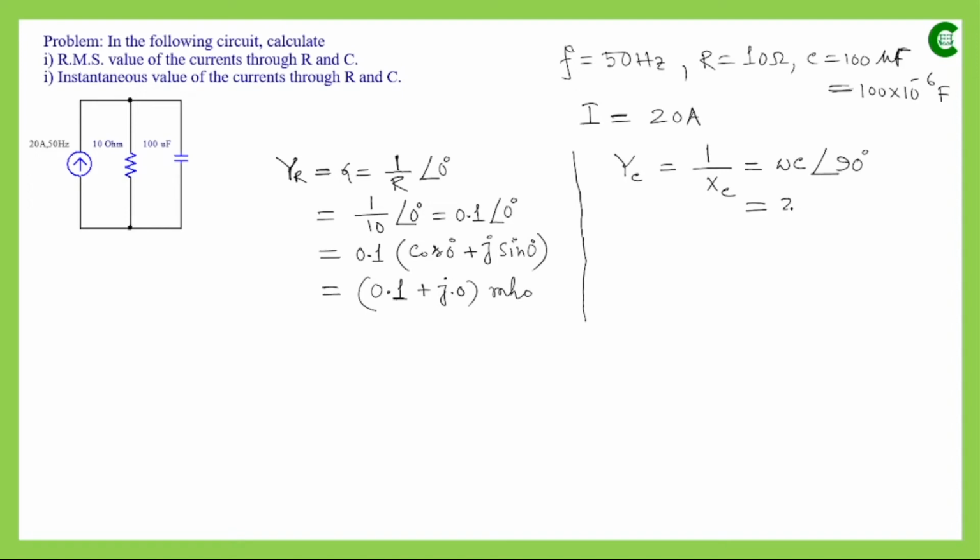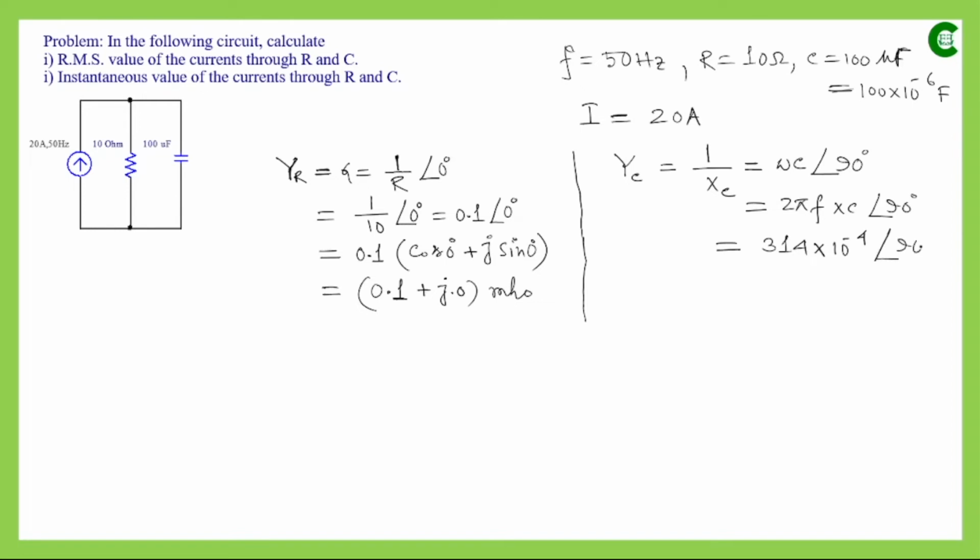Omega means 2 pi f, and the C value is already given in the problem statement. Now 2 pi f is 2 times 50, so 100, times pi, which is 3.14, an approximated value. So finally it will give us 314, and the capacitance is 100 multiplied by 10 to the power minus 6, so finally it will be 10 to the power minus 4.